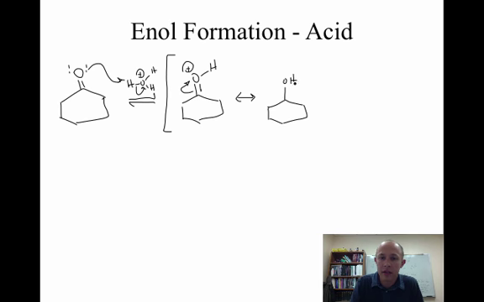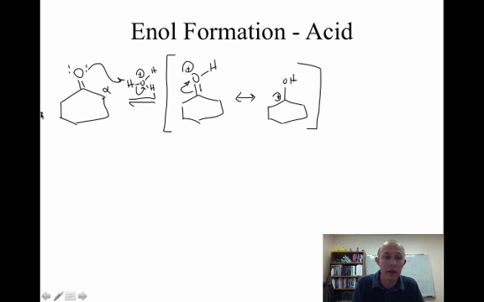And remember back a long time ago when we were talking about nucleophilic substitution versus elimination, right? If you have this carbocation, it could undergo an SN1 reaction, so a nucleophile can attack that carbon, or it can undergo an E1 reaction, which would involve loss of a hydrogen next to it at the alpha position.